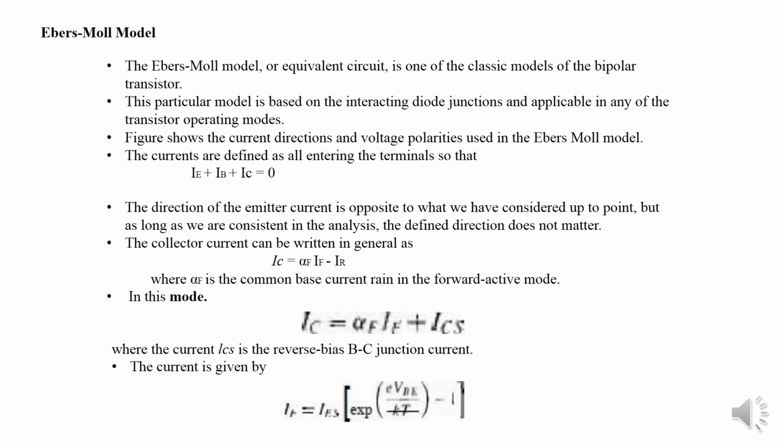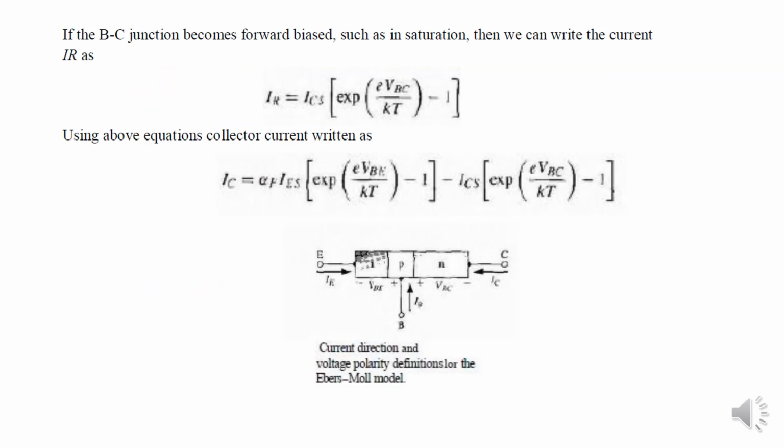Here the base collector junction becomes forward biased, as in saturation, therefore it is given by this formula for IR.